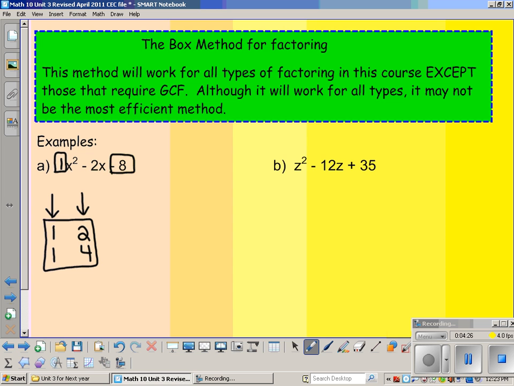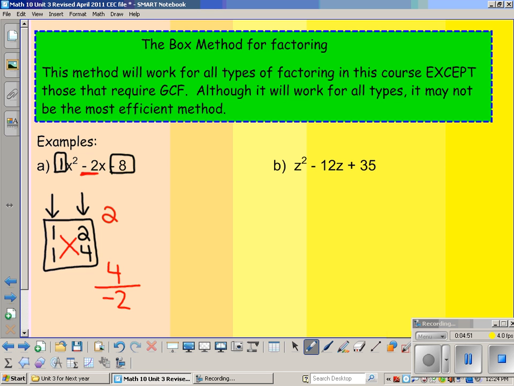So now what we do, don't worry about the sign right now, we will take that into consideration in a moment. We do a diagonal multiplication. 1 times 2 is 2, 1 times 4 is 4. Now we ask ourselves, is there any way that 2 and 4 can be added or subtracted to get this middle term value, which is -2?